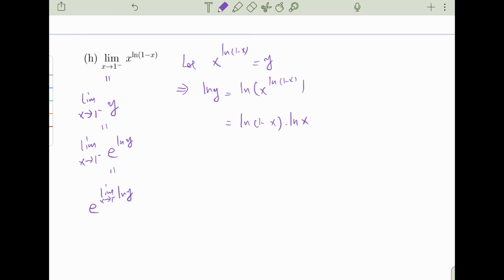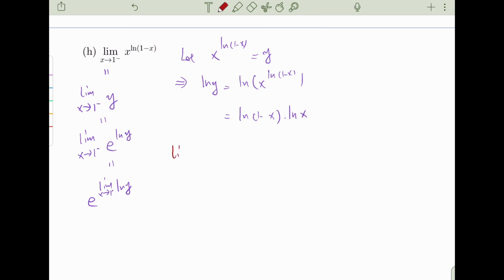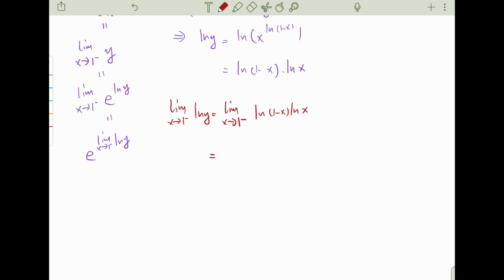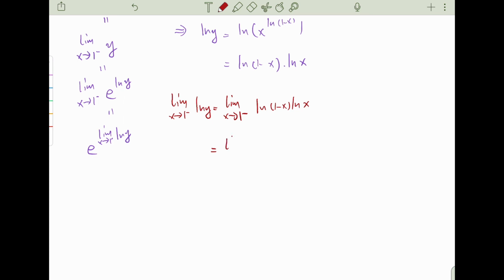So what is the limit of ln y? It is the limit of this expression. And again, we know that we want a fraction. We don't want something like this. We want something where we are allowed to apply the L'Hopital rule. So we're rewriting it.